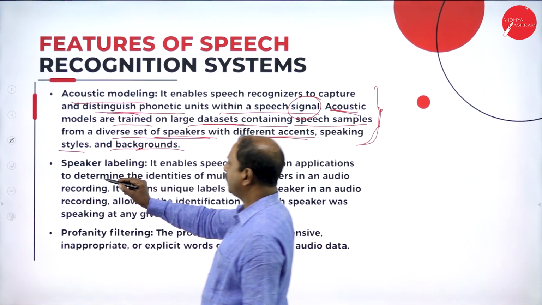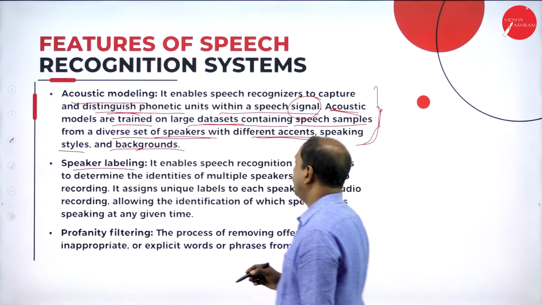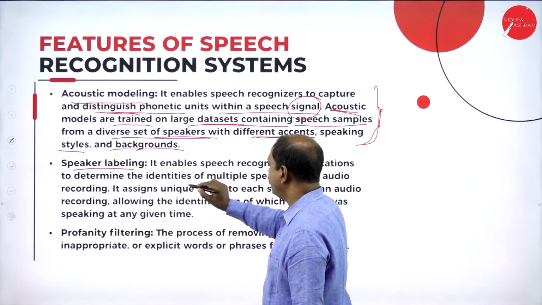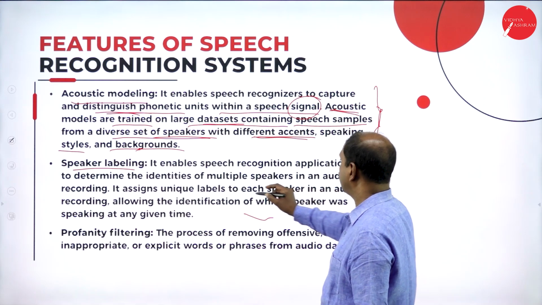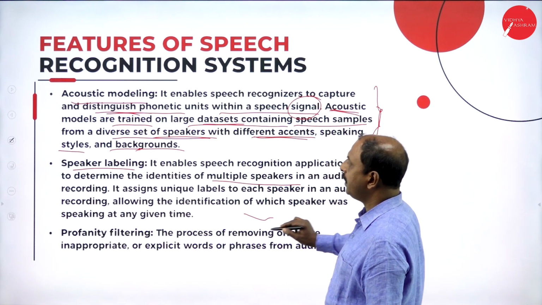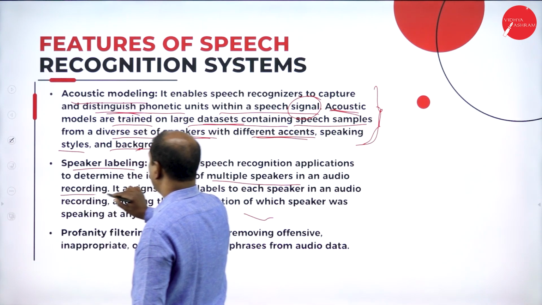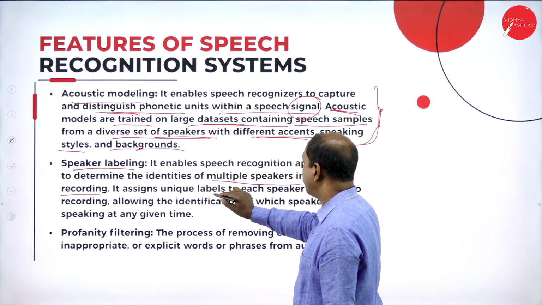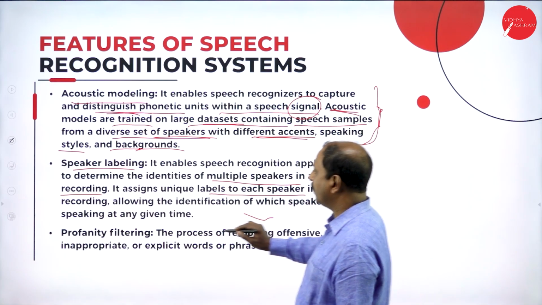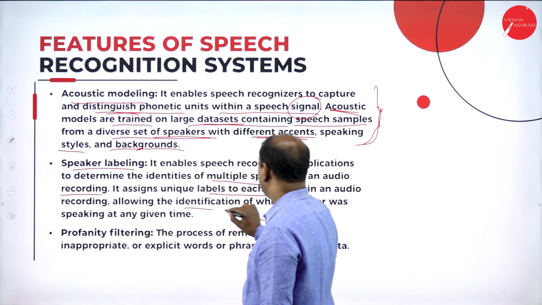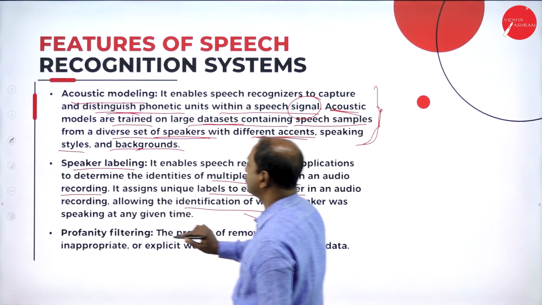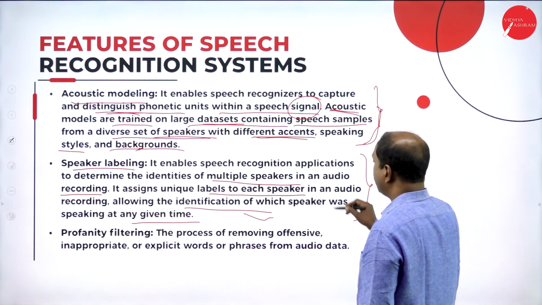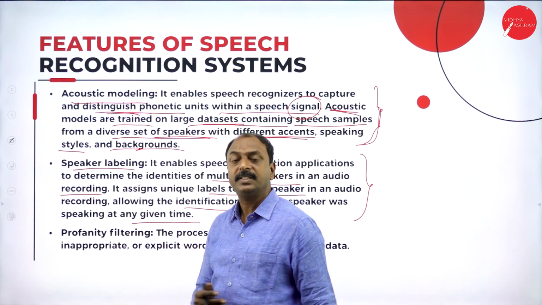Next one is speaker labeling. It enables speech recognition applications to identify multiple speakers in an audio recording. It assigns unique labels to each speaker in the audio recording, allowing identification of which speaker was speaking at any given time. You might have heard of this: the input may come from different systems.